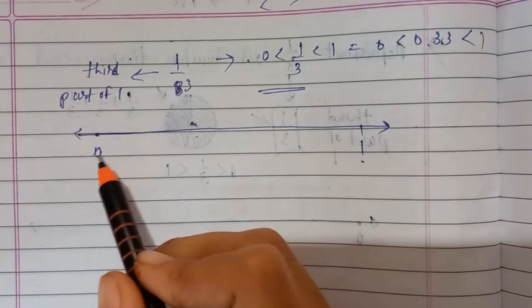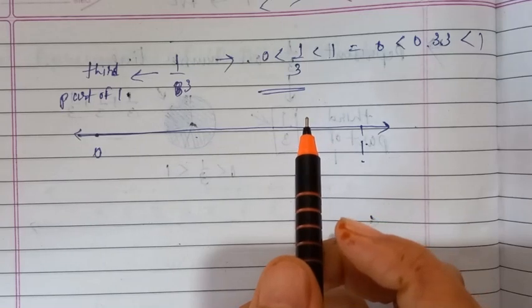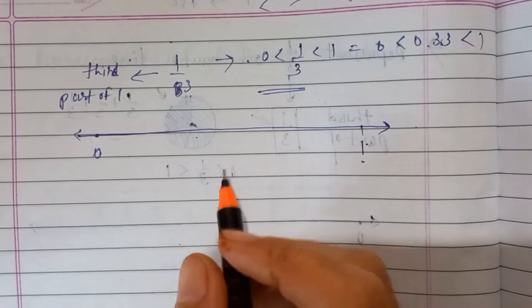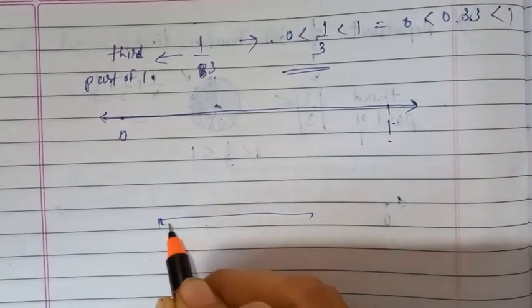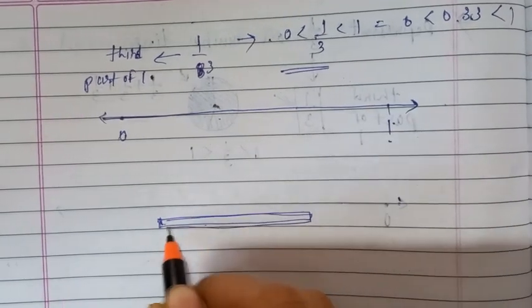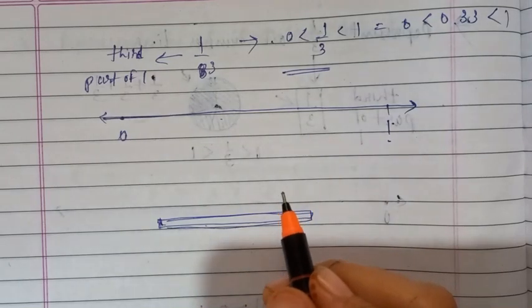So how to divide 0 to 1 into 3 equal parts? Same as, if you have a long string or rod and you want to break it into 3 equal parts, then what do you do?